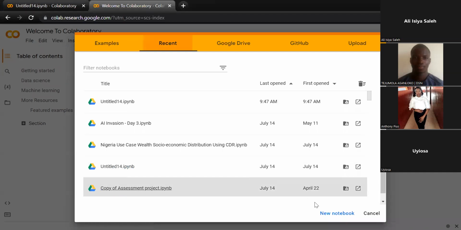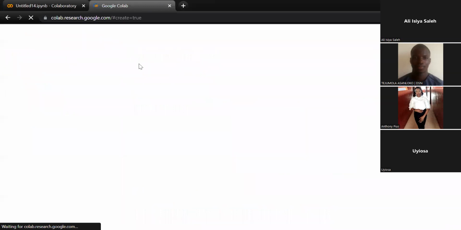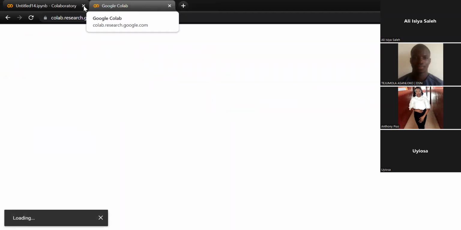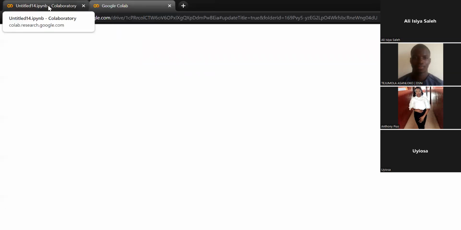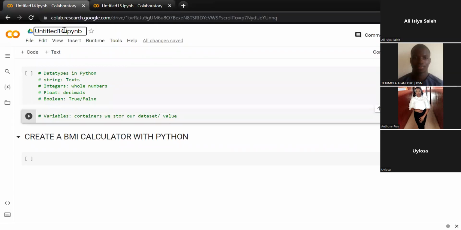But if you need a new one, just click new notebook, it gives you something like this, and then you can start coding. Let me give it a name, BMI Calculator.